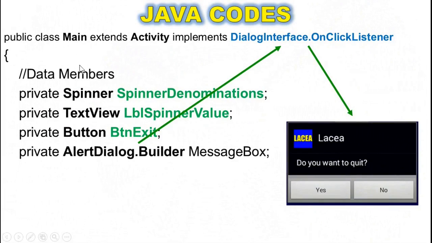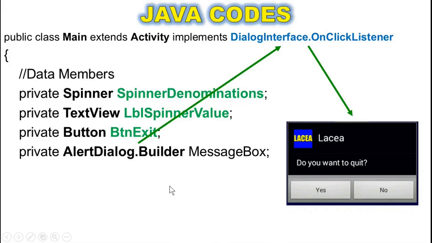The class Main inherits the parent class named Activity and must implement the interface DialogInterface.OnClickListener, for the onClick event handler of the dialog builder or the message box buttons Yes and No. In my code, I wanted to access the value selected from the spinner.